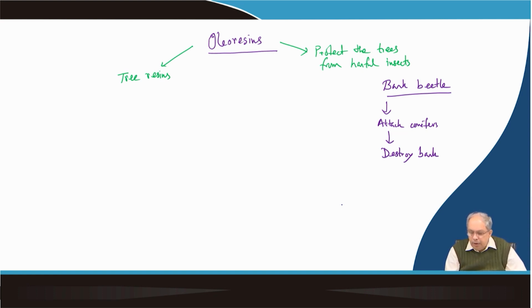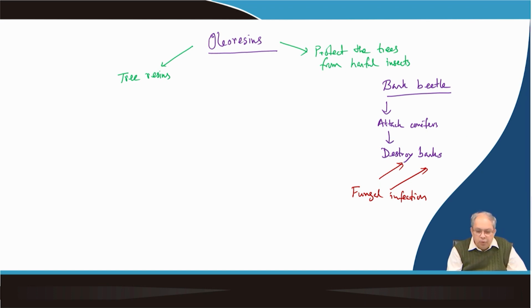They do this to get nutrients from it, but when the bark is destroyed, that leads to fungal infection. This destroyed bark is a source of fungal infection. So, in other words, bark beetles basically facilitate fungal infection in conifers.